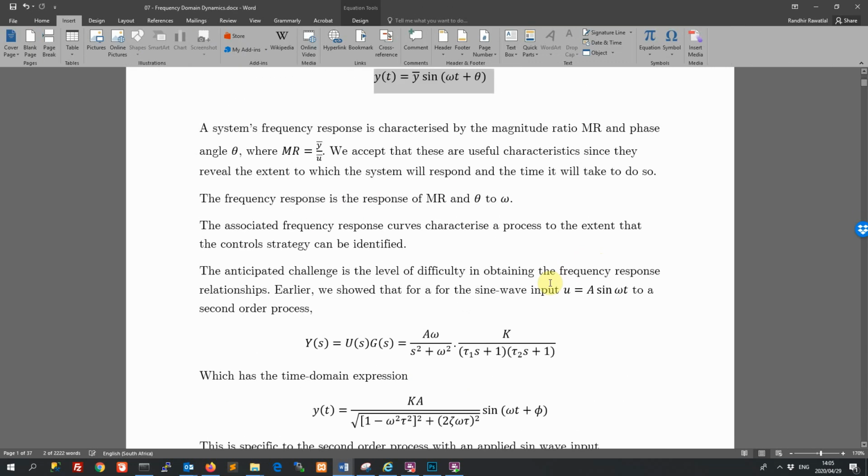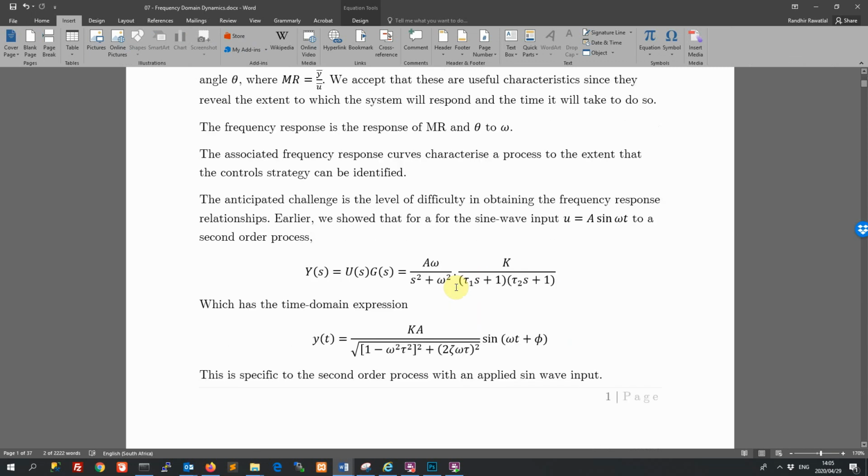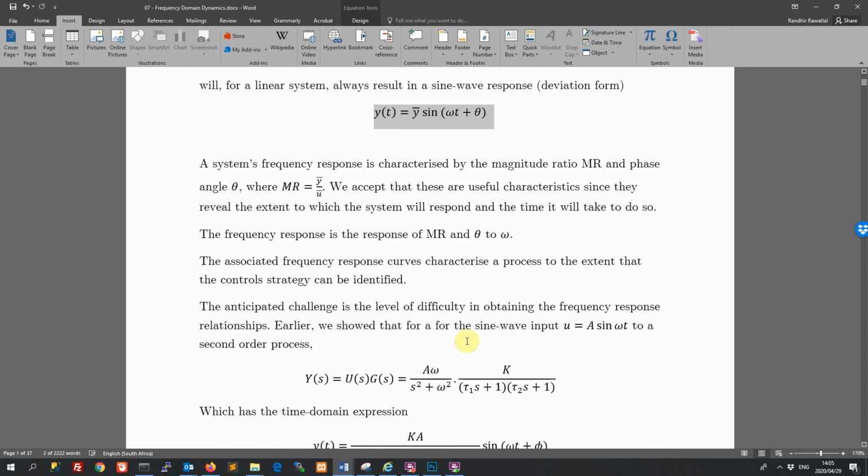So we are going to further elaborate on that, and we are going to map out for a more generalized function. So earlier we had investigated that amplitude ratio specifically for second order processes and specifically for a sine wave input.